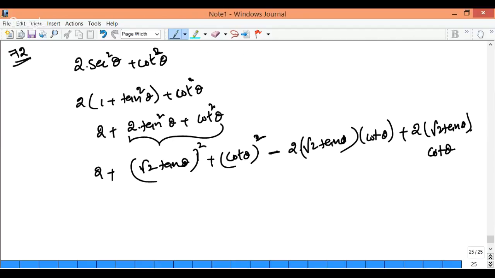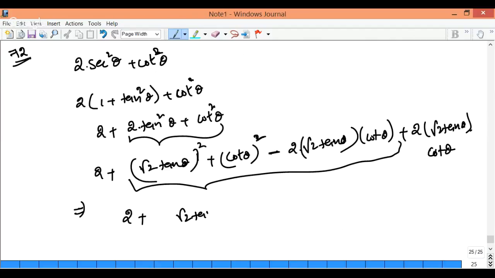Now this term is a perfect square: 2 plus (root 2 tan theta minus cot theta) whole square plus 2 root 2, because tan theta and cot theta will get cancelled.